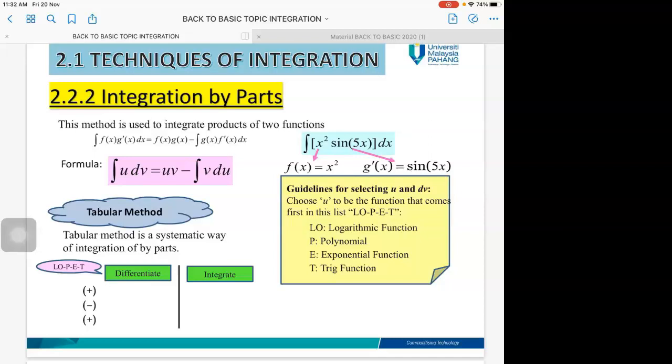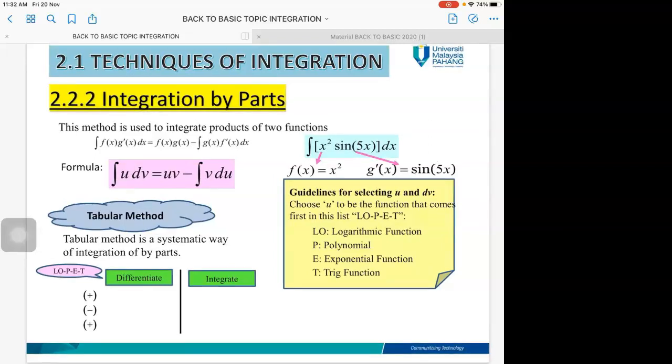Okay, now we move to integration by parts. Alright, so look at this integration by parts. You read first. Okay, students, ada ke tak ni?